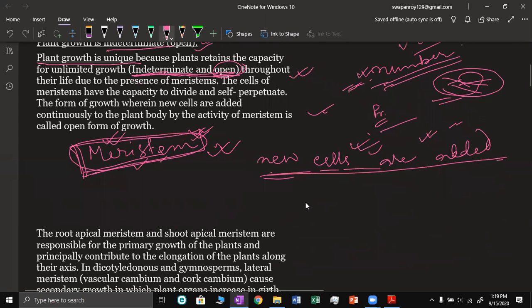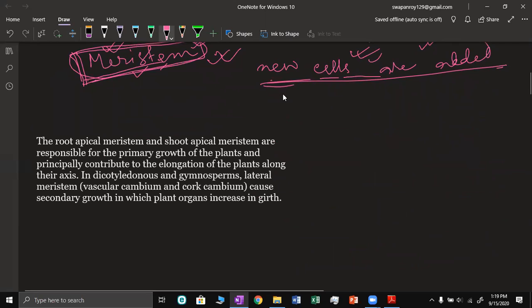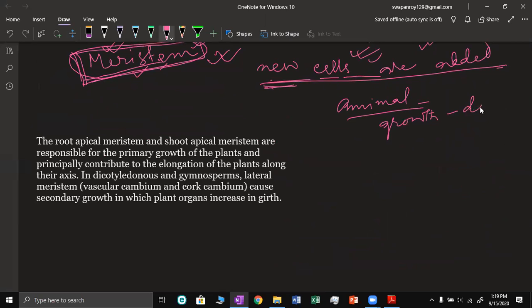Another thing is that in animals, growth is diffuse.